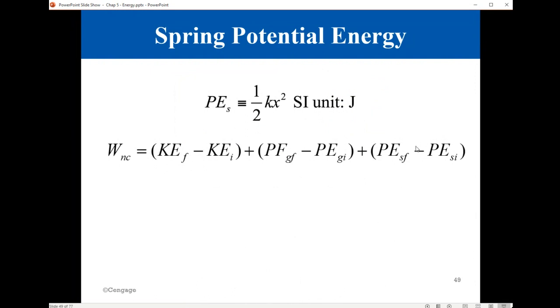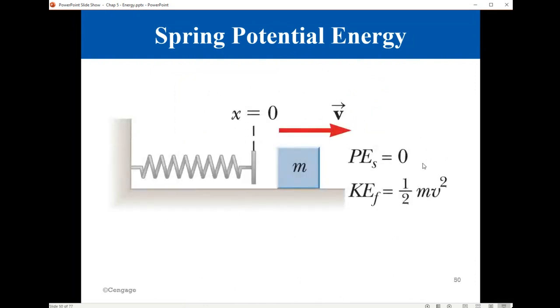We call this property of springs to restore their original shape elasticity, and the restoring force is also called elastic force. So now we have three forms of mechanical energy that we learned so far: kinetic energy, gravitational potential energy, and spring potential energy. We learned how to calculate each one of these three energies.